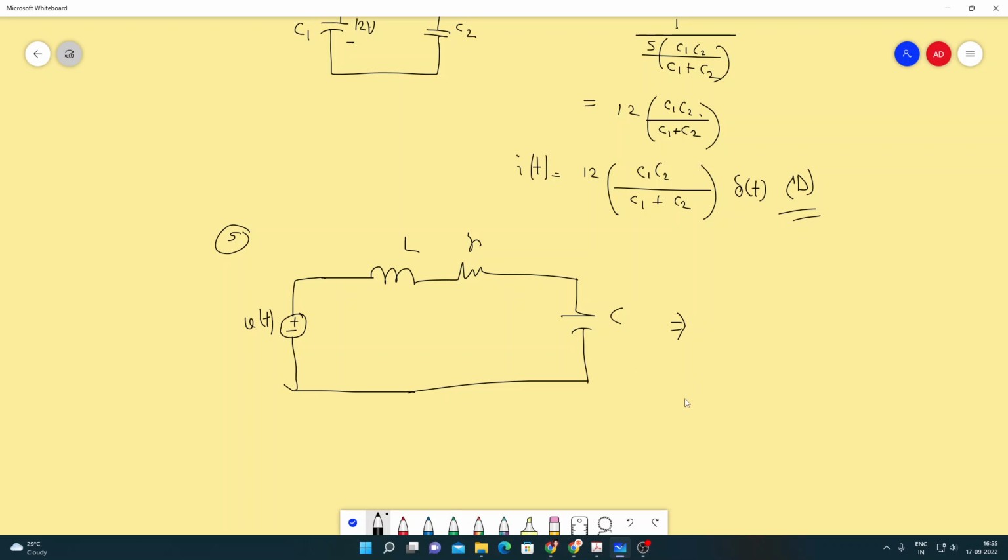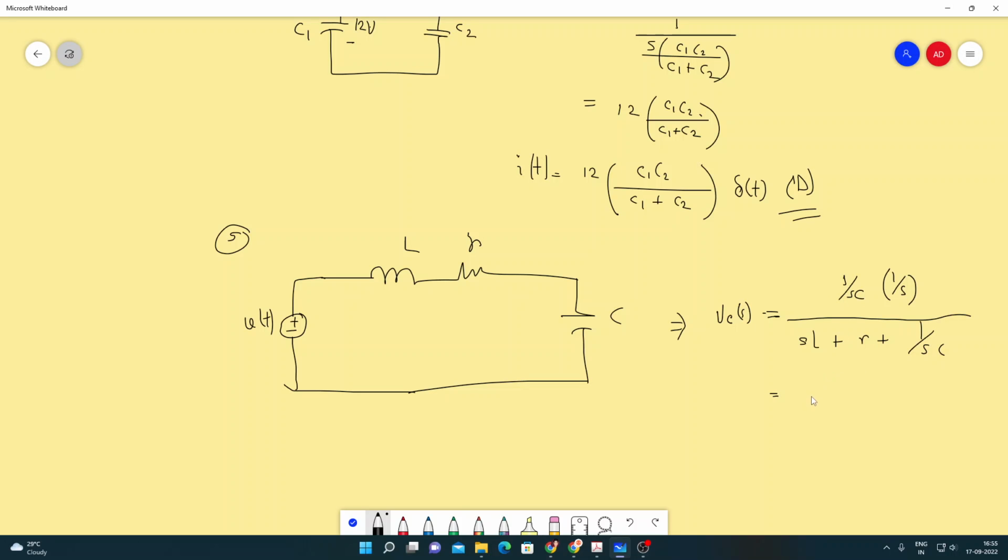So we can write in Laplace terms, VC(s) equals 1 by SC into 1 by S divided by SL plus R plus 1 by SC.